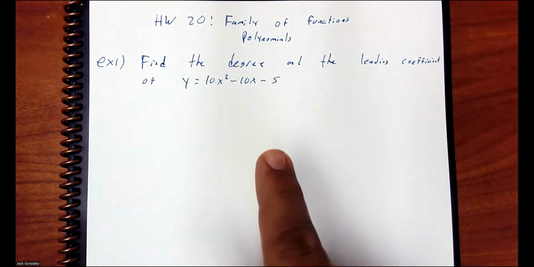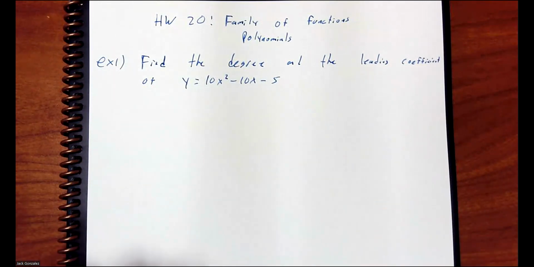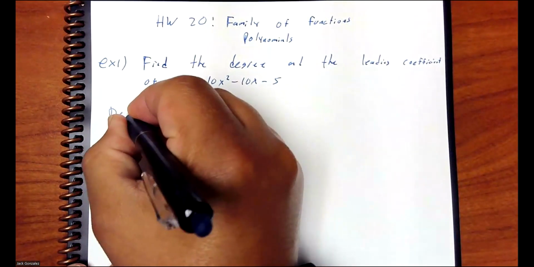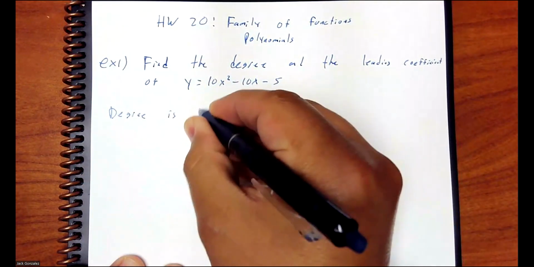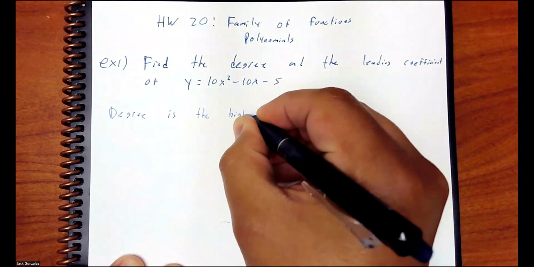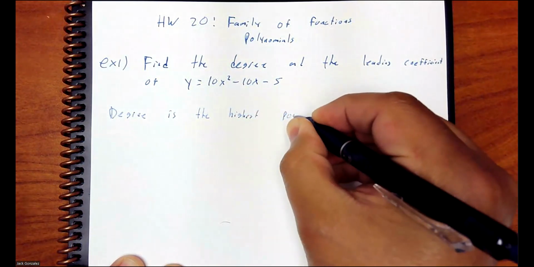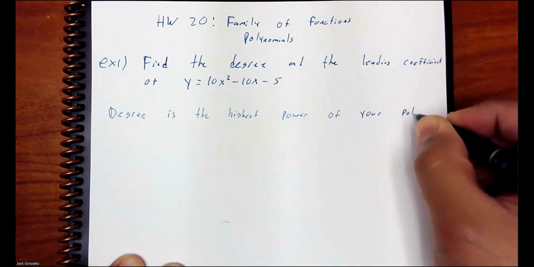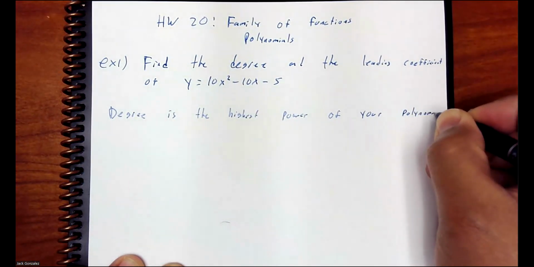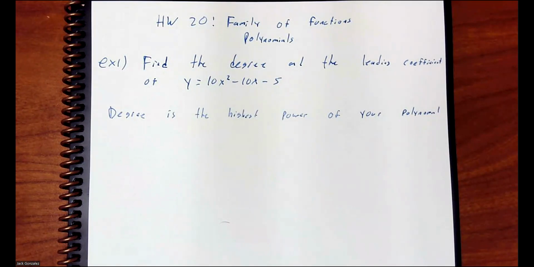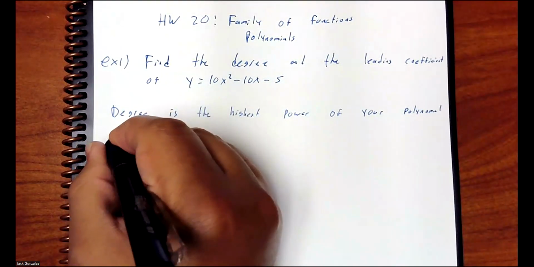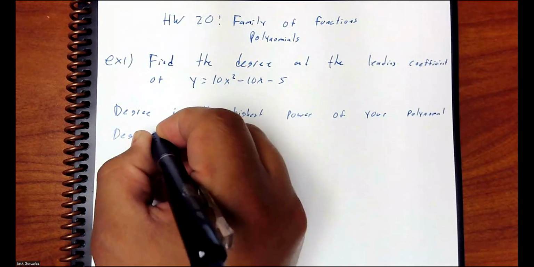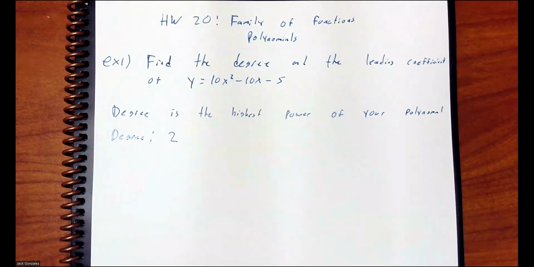That's just what's the highest power? That's all it means, right? So degree is the highest power of your polynomial. That's it. So the degree here is 2.